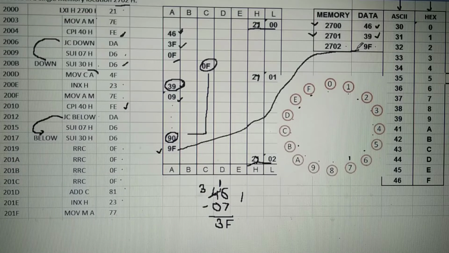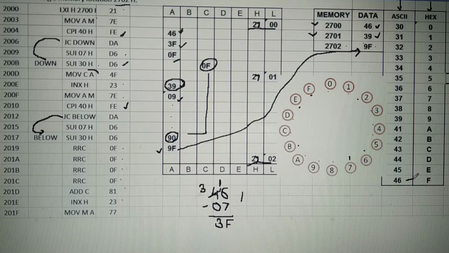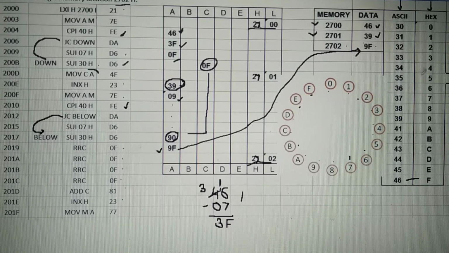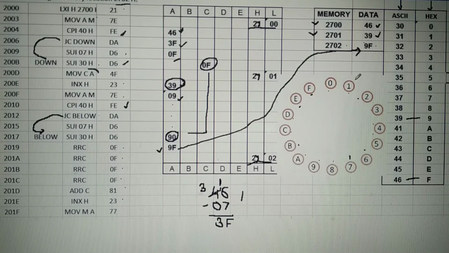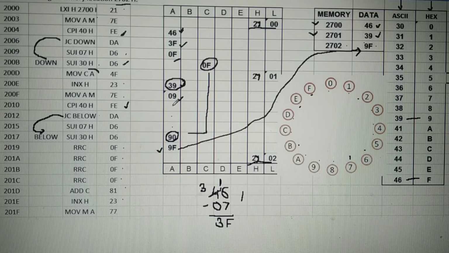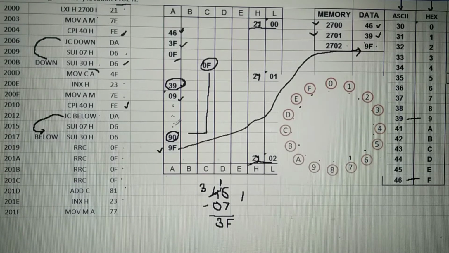It becomes 9F. And the last instruction is halt. That means the equivalent of 46 for the ASCII code is F. It acts as the least significant digit, and the equivalent of 39 for ASCII is 9. It acts as the most significant digit. To interchange the position from 09 to 90, you have to perform 4 times RRC or 4 times RLC. This is all about the program.